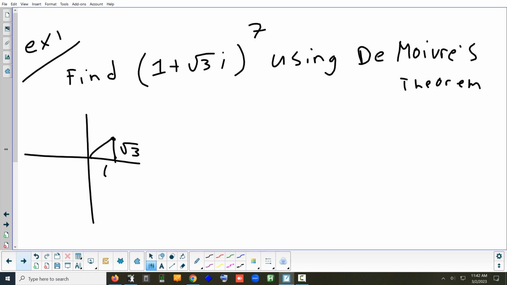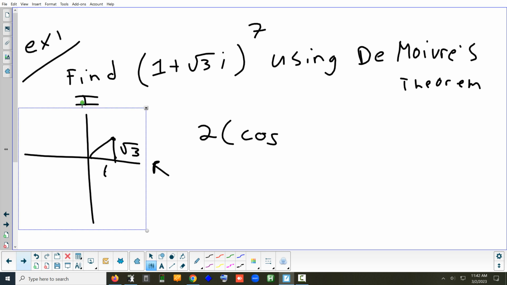The i just tells me that I go up. i is just y-axis or vertical axis movement. Remember, this is your real axis. This is your imaginary. What's my radius? 3 plus 1 is 4. You take the square root. So 2.